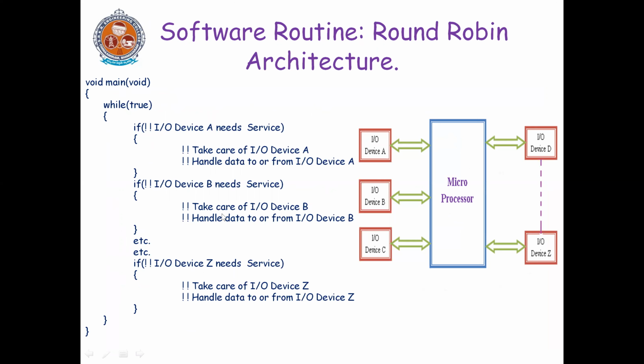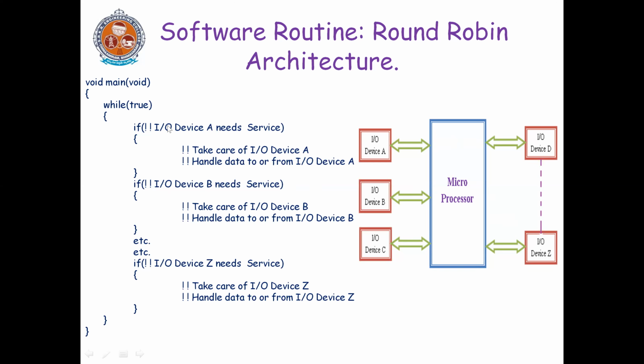If A takes 5 milliseconds and B takes 5 milliseconds, then Z has to wait for a total of 10 milliseconds.